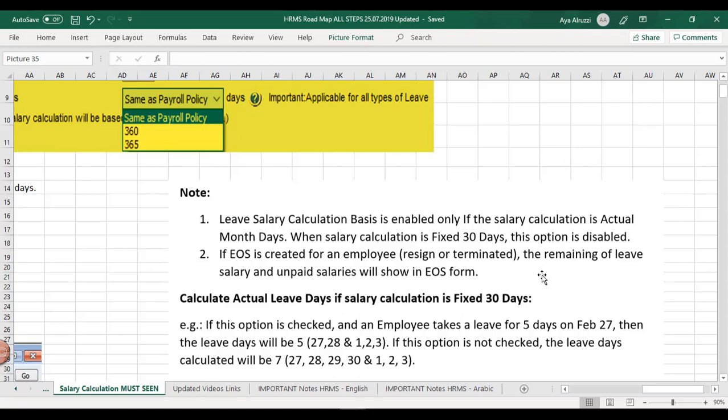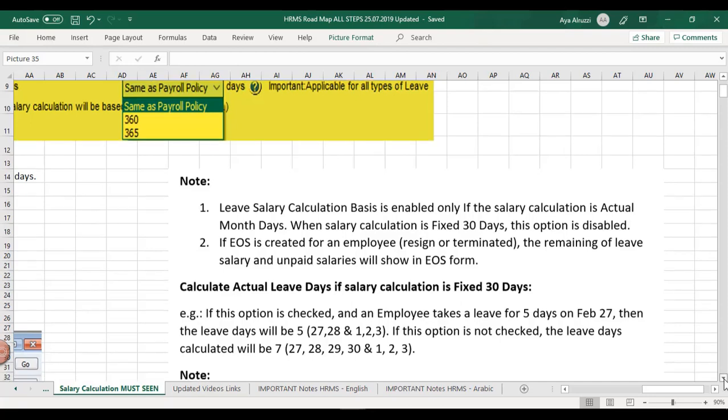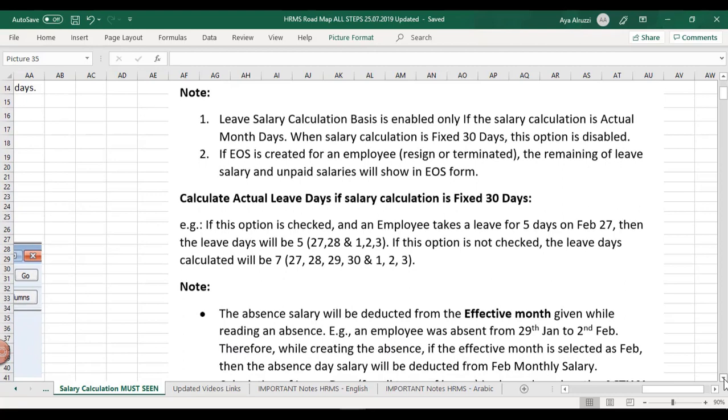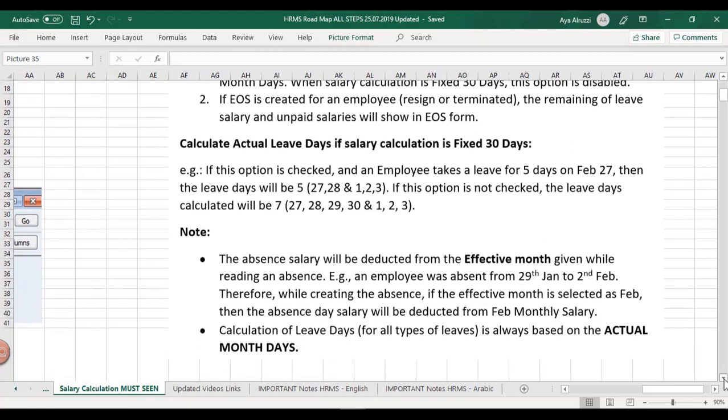So this doesn't mean that the leave salary or any unpaid salary will be gone when an employee resigns or gets terminated. It will all show in the end of service form. End of service will be reading everything left regarding the leaves and any unpaid salary. So this is very important, and it's automatically calculated by the system. It helps you a lot.